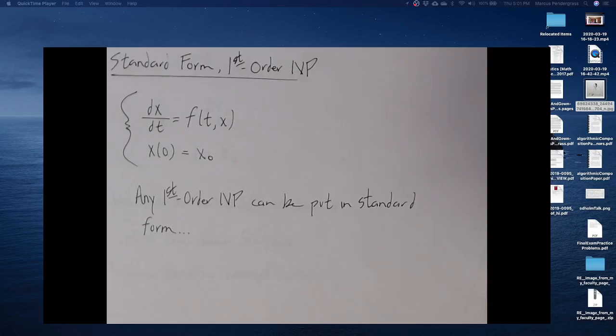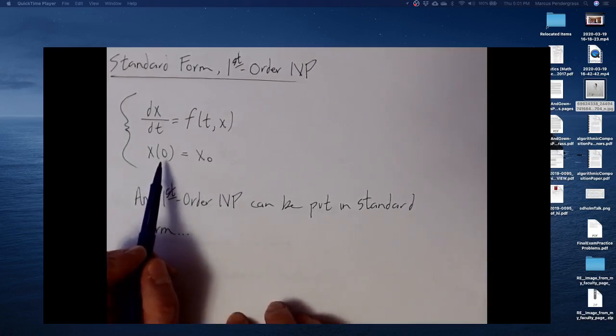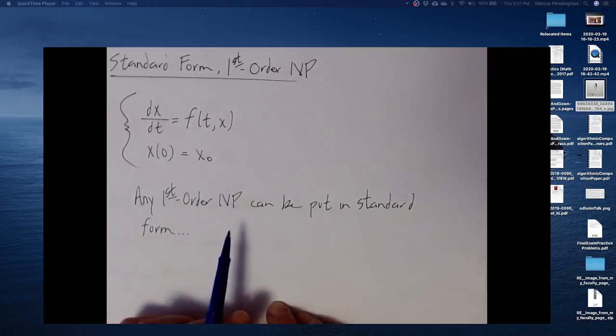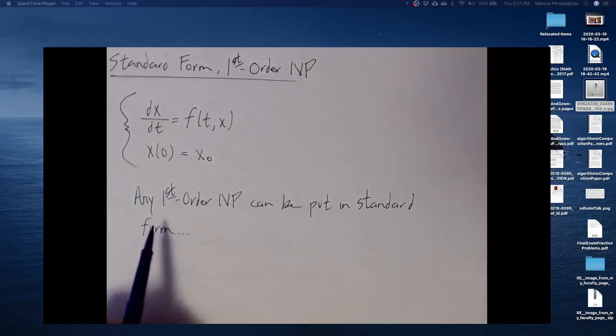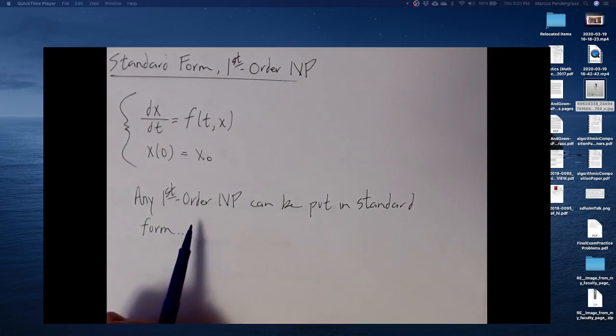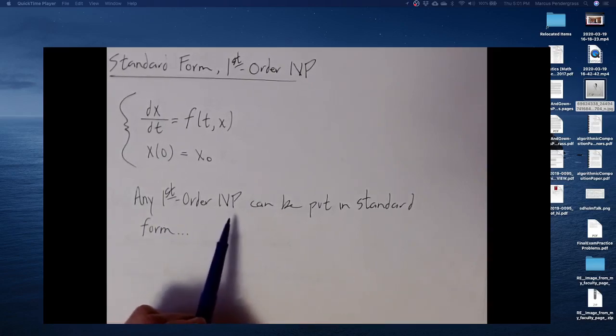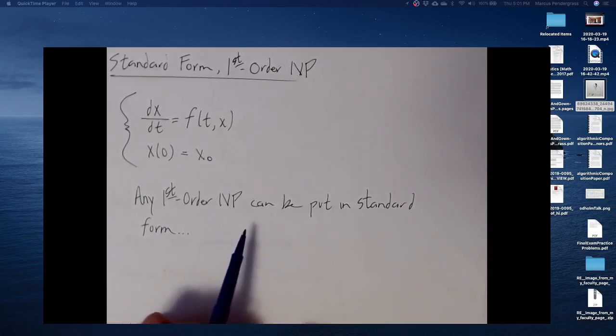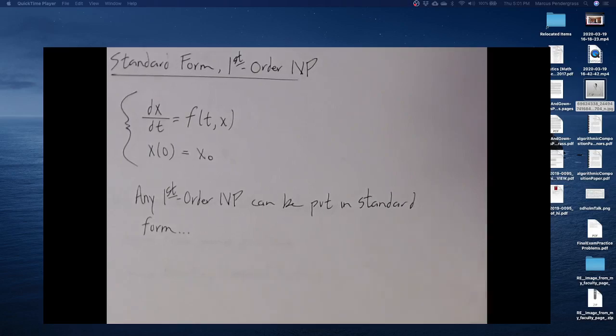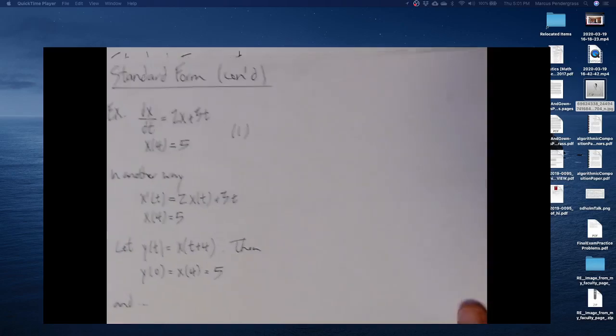It's pretty much an initial value problem, except we require that the initial time be t equals 0. That's the only difference. And there's a quick and easy way that any first order initial value problem can be put in standard form. Let me walk through an example of that real quick here.